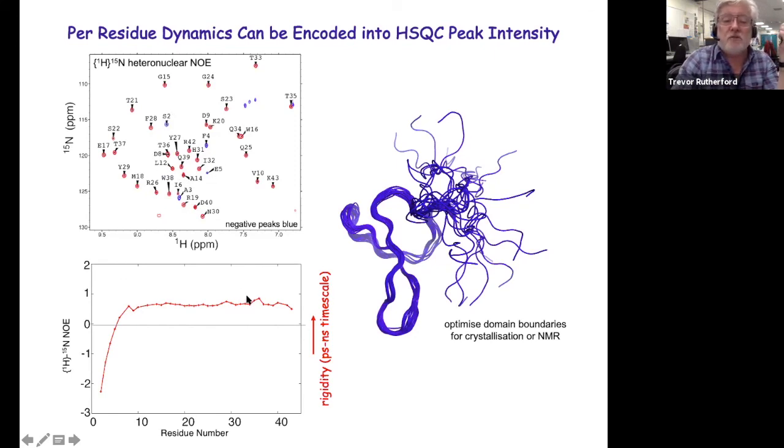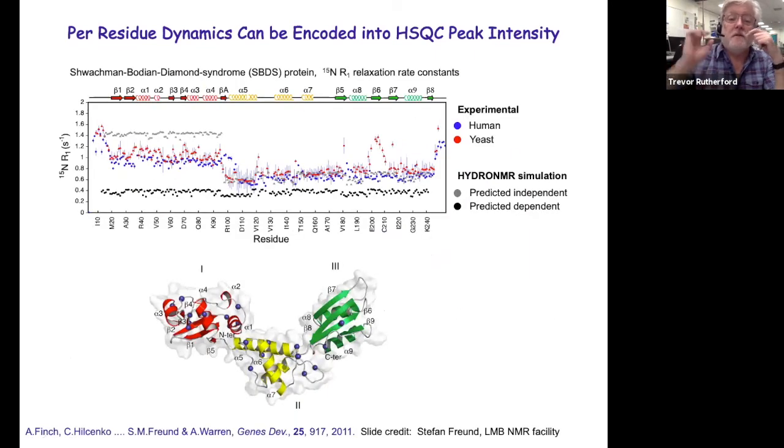That might look really trivial and unexciting, but this is a whole field of study in which you can look at multi-domain assemblies. This is a 3-domain protein, a clinically important sample from Alan Warren's work that Stefan Freund was doing a few years ago.